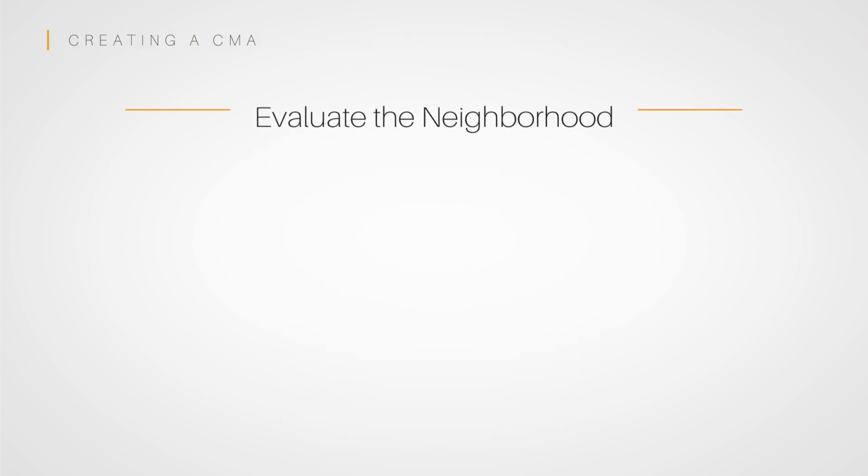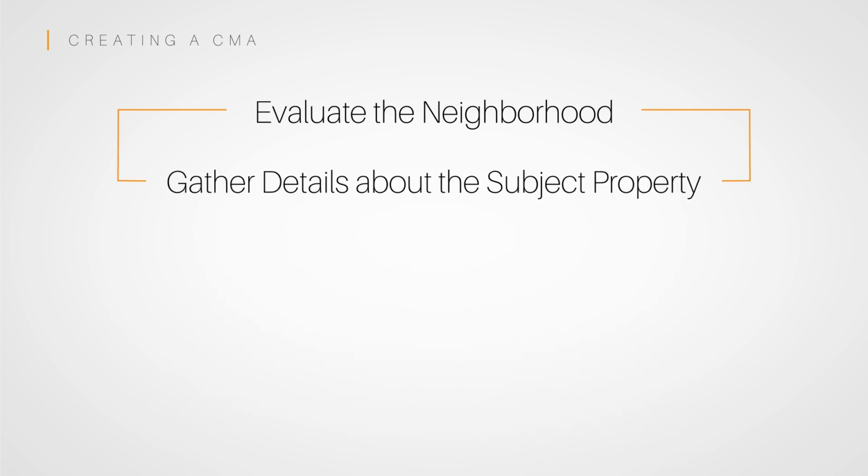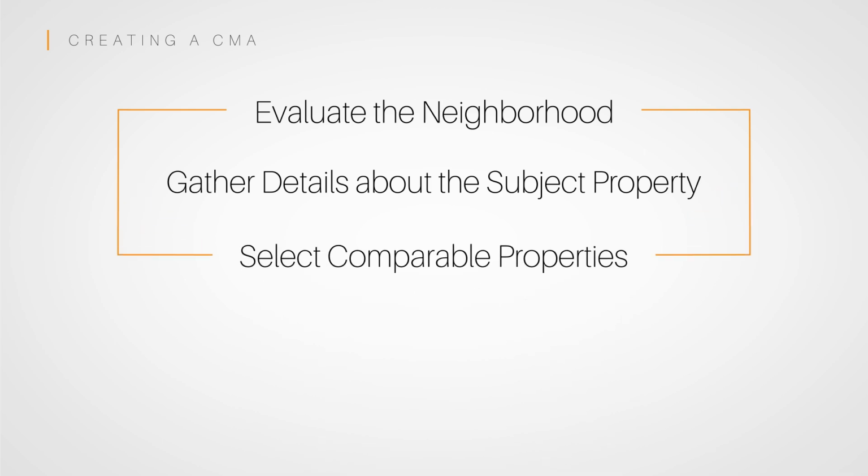Now that we understand how CMAs work, let's look at the basic steps taken to create one. First, evaluate the neighborhood. This will be done through the MLS, but can also include other market research. Second, gather details about the subject property. It's important to establish accurate criteria for finding comparables. Next, select comparable properties.